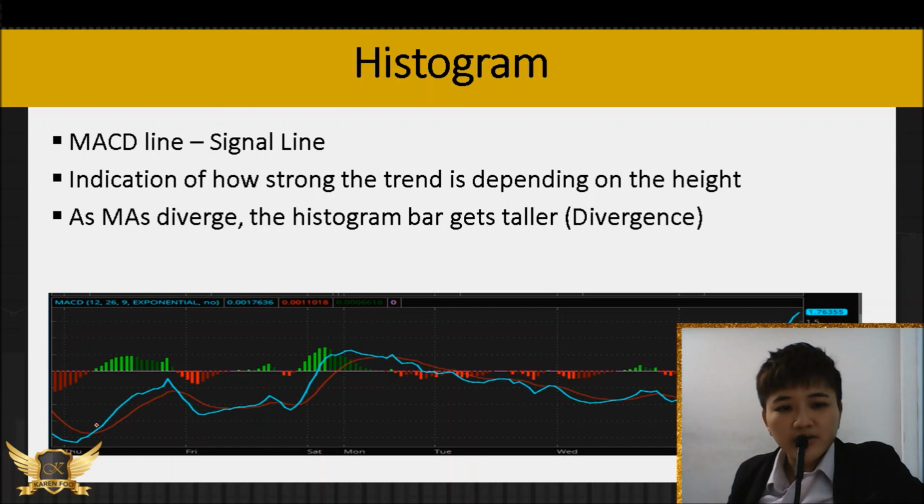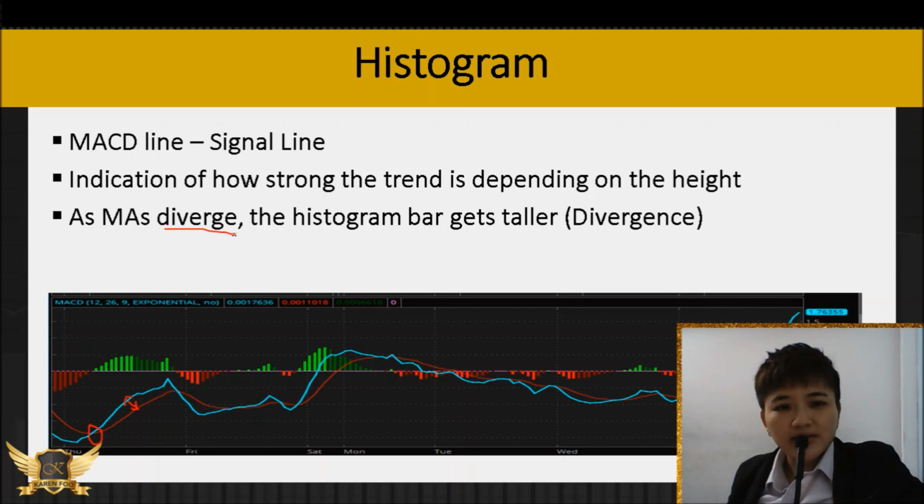One thing you need to take note of is that you see there's a crossover over here. Once the MACD line and the signal line cross, most of the time they would separate from each other, they would diverge. In this case, you see the gap between the MACD line and signal line increasing. What does this mean?